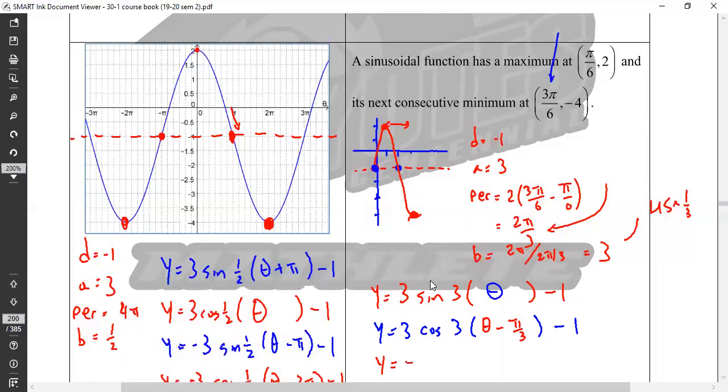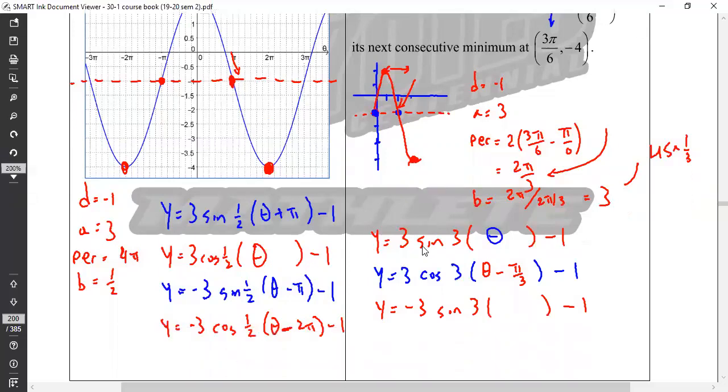If we have negative 3 sine, we have a negative sine equation. That starts at the median going downhill. We're across the median line, going down. So this ends up being theta minus, it's shifted to the right by 2 pi over 6, which is pi thirds.